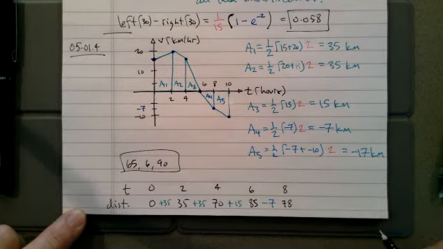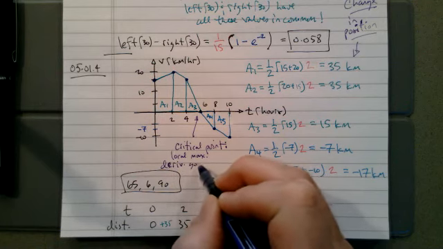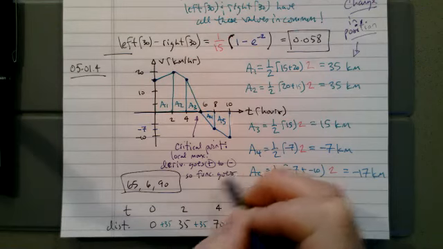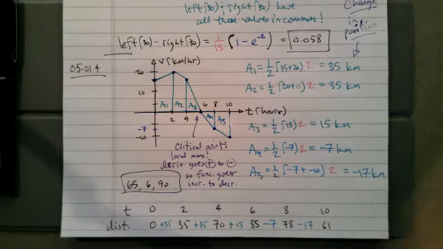And this critical point is going to be a local max because the derivative goes from positive to negative. So it's not an inflection point, it's a local maximum. There's a local maximum at 6 because that's where the derivative is equal to 0.